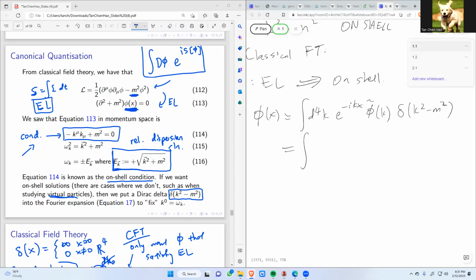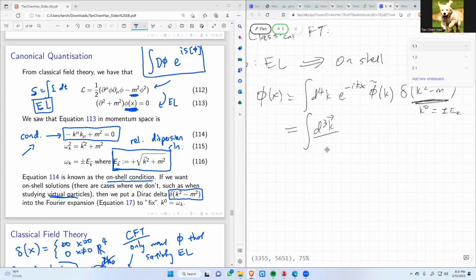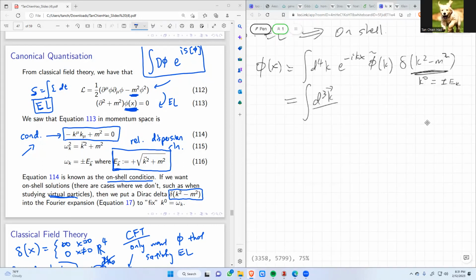And in so doing, we found that it can be expressed as an integral over 3-momentum, because this restricts k naught to be a specific value equal to plus or minus Ek, which integrates out the k naught degree of freedom.